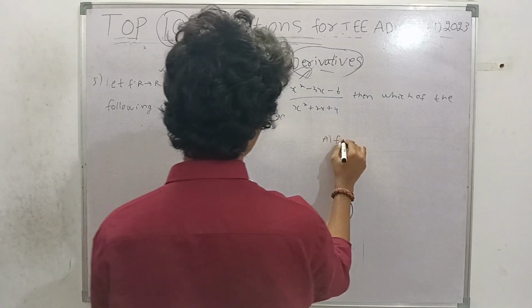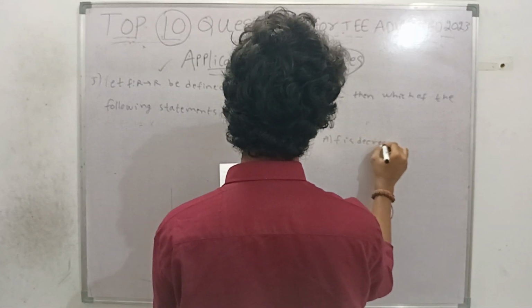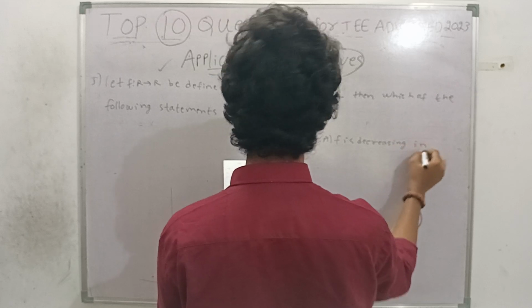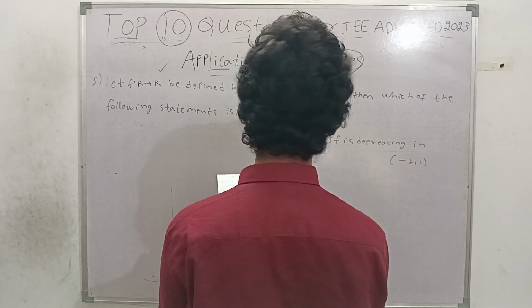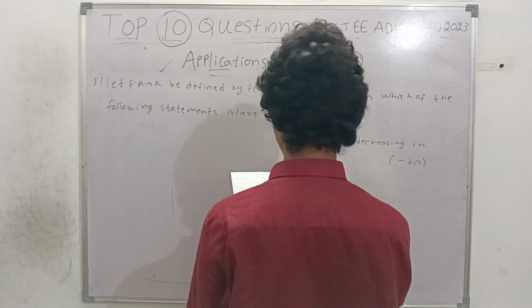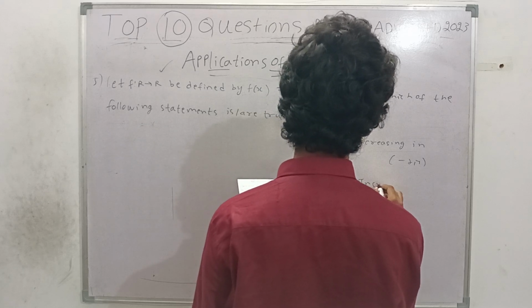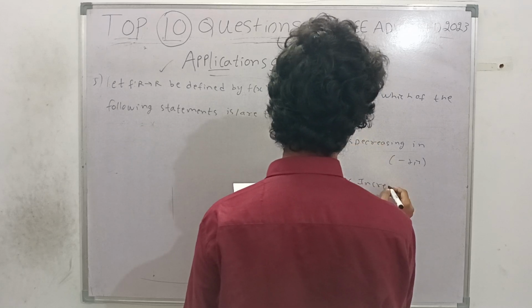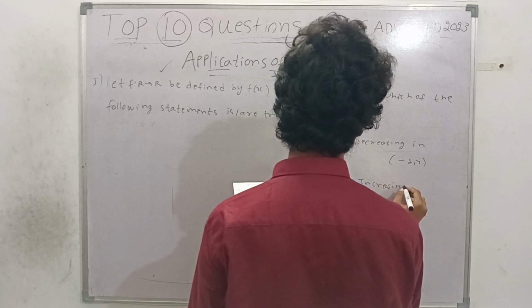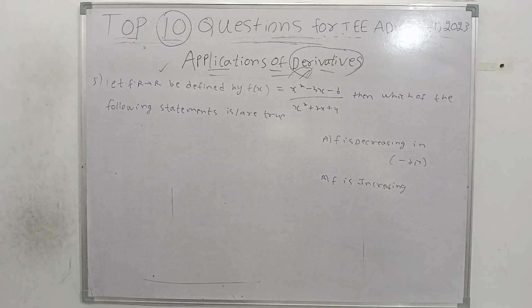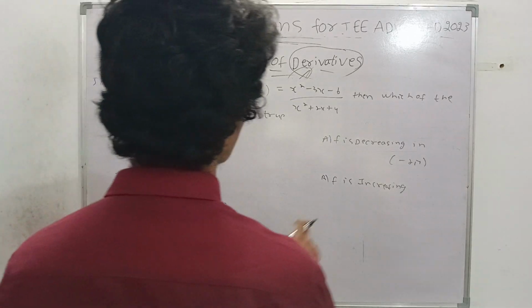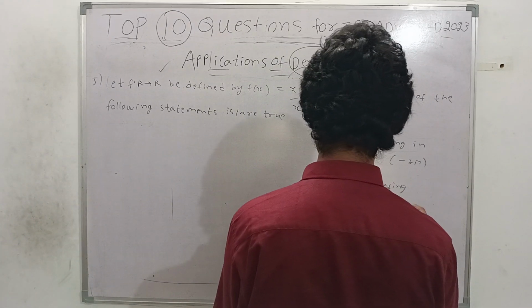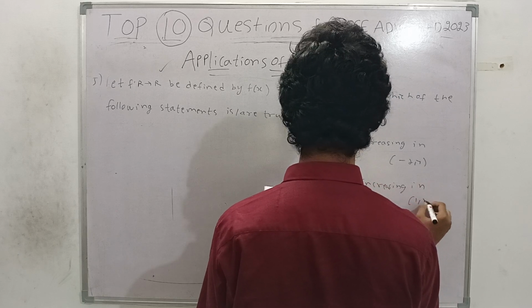Option A, f is decreasing in minus 2 comma 1. Option B, f is increasing in 1 comma 2.